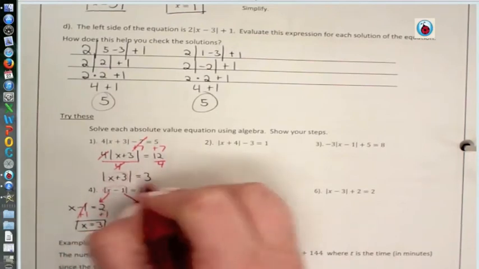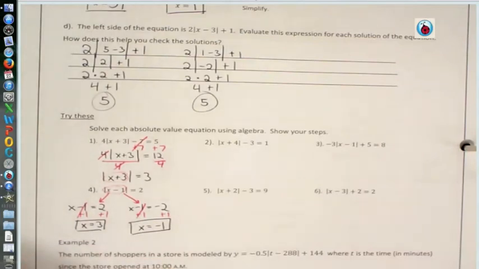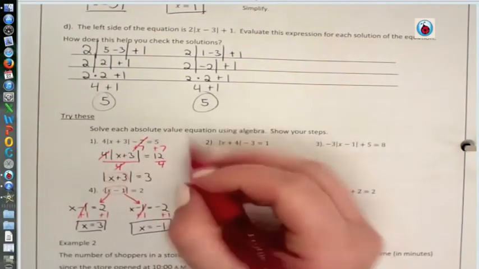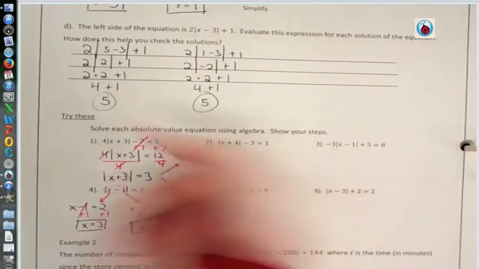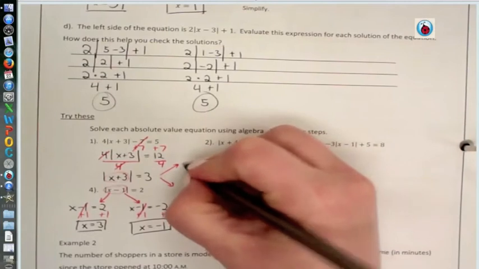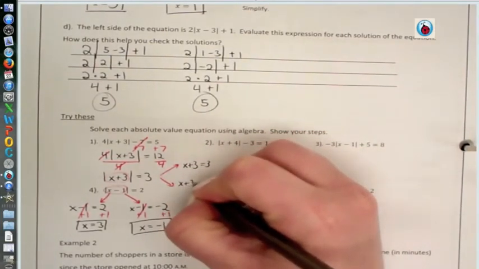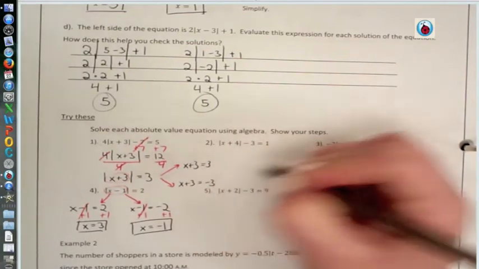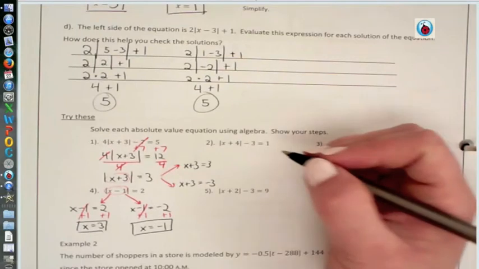Either x plus 3 equals 3, or x plus 3 could be equal to negative 3. Sorry that there's not much room here. So either x plus 3 equals 3 or x plus 3 equals negative 3. I'm going to solve both of those for x.